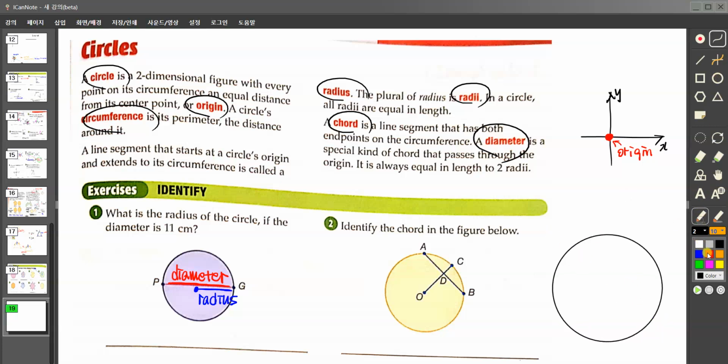Just before you said the chord, that's not bad. This is a chord. The longest chord is diameter. Okay. That can be a chord. Chord. Chord means, I'm sorry, chord means 그 뭐라 그러죠? 이게 팽팽하다를 뭐라고 하나요? 팽팽이 뭐예요? Full tension.